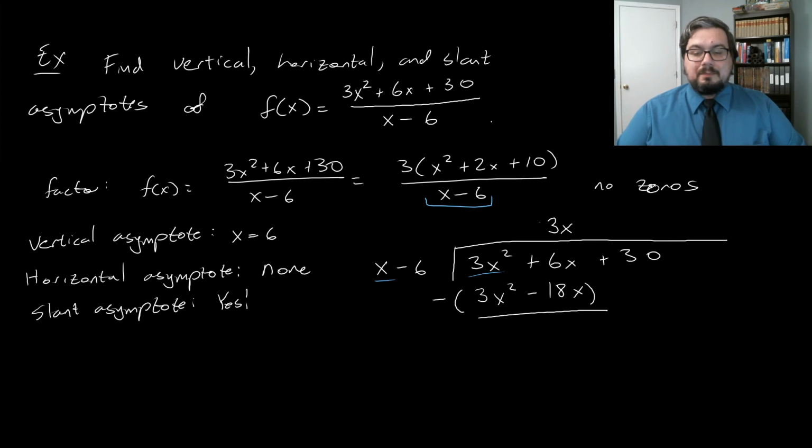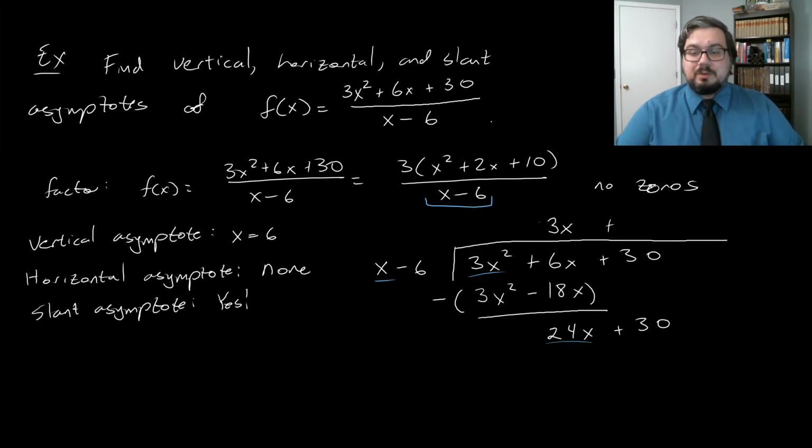So 3x squared minus 3x squared is just 0. We don't bother writing that. Then 6x minus 18x gives us positive 24x. So now we say, all right, what do we have to multiply x by in order to get 24x?